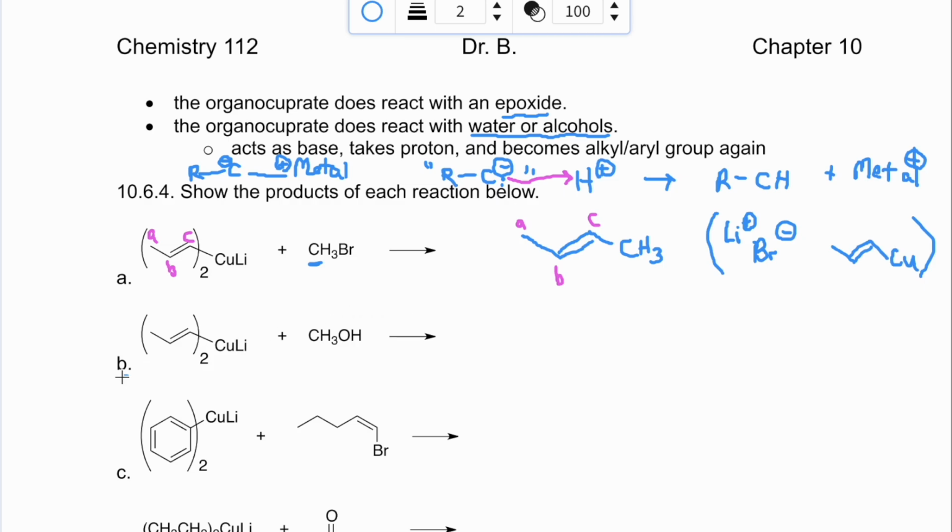This second one over here, what we are showing really is this Gilman reagent being ruined. So if there were water around, or some alcohol like this, we have a fairly acidic proton with a pKa of around 15 to 16 for methanol, 14 for water. So this is way more acidic than this vinyl anion, if you think about it like this. So we have this carbon that has a lone pair basically.